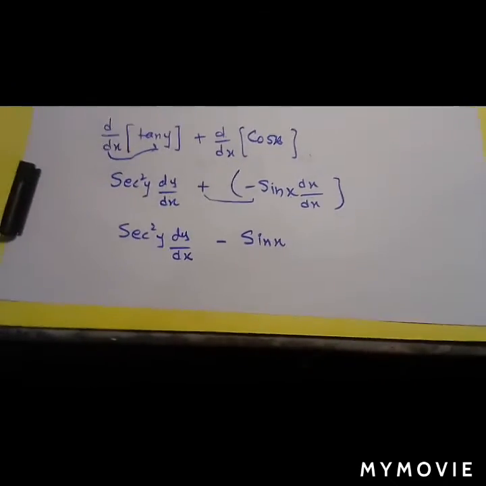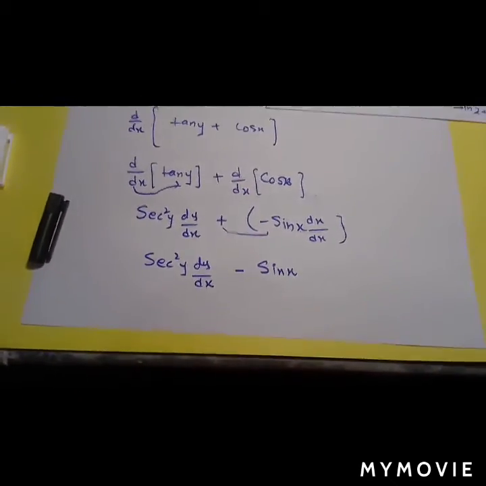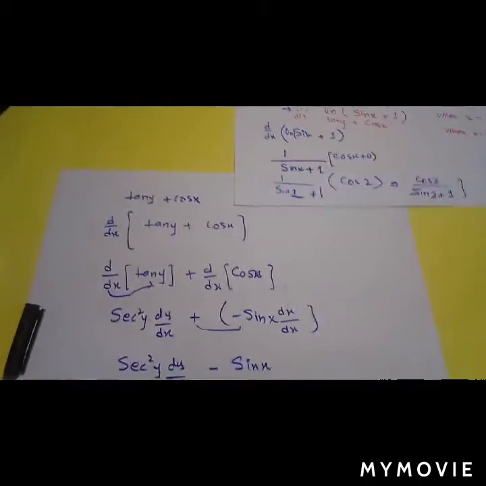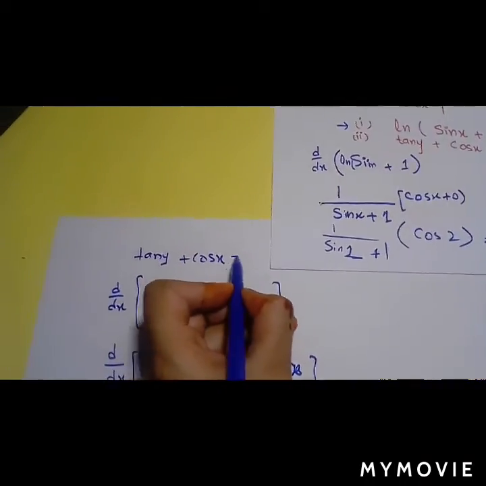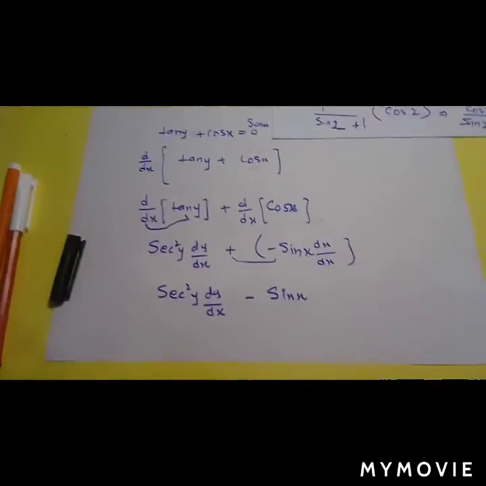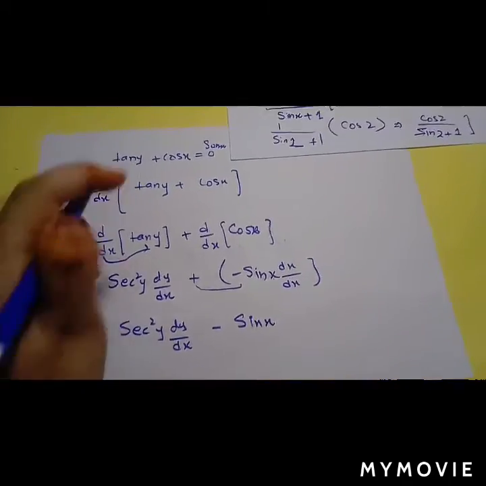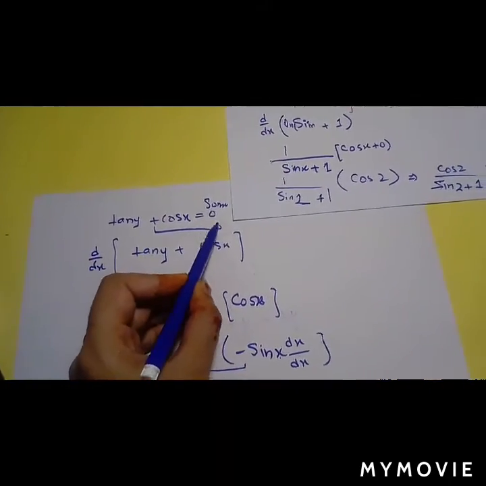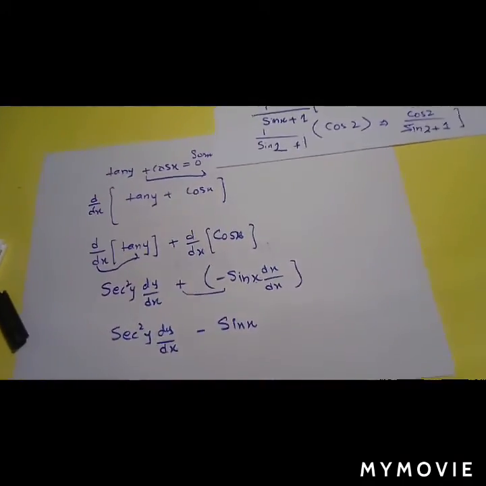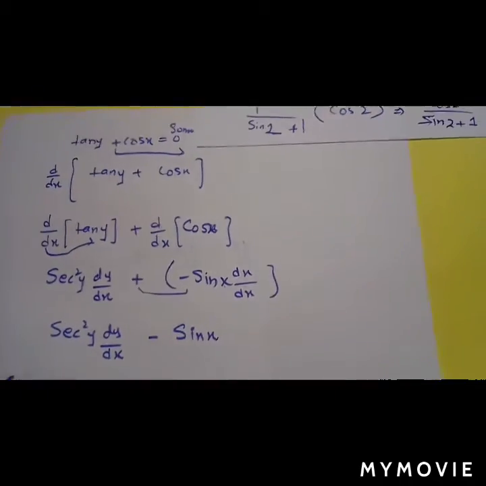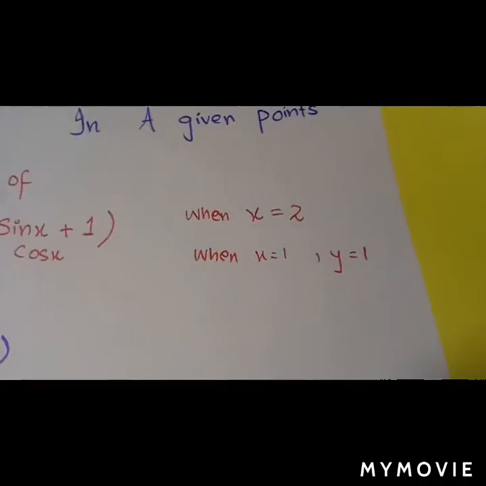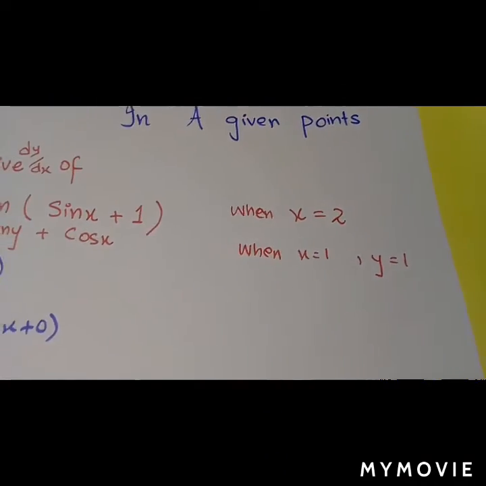We can't find dy by dx separately because there is no statement in the form of equality. If it was an equality, suppose it equals 0 or something, then I could find dy by dx, or prove it by moving it from the left hand side to the right hand side. But now I have to write it as it is and put y as 1, x is also 1.